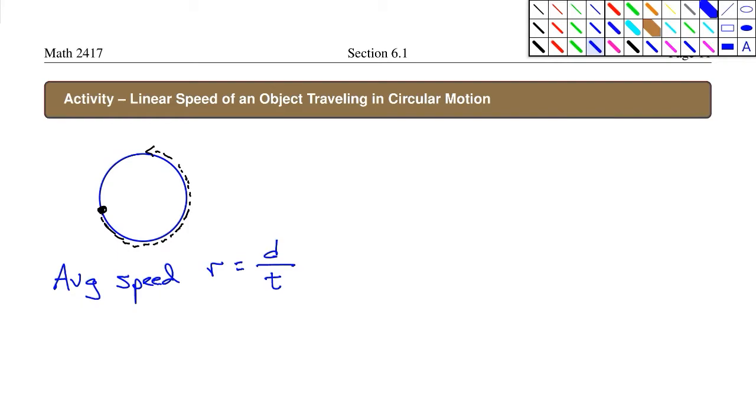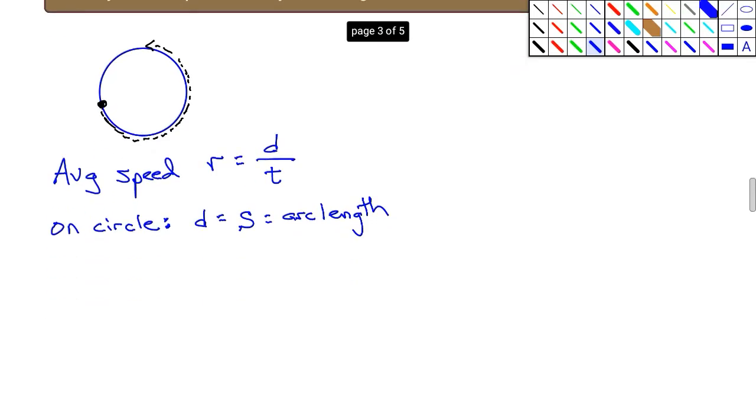Now, if we are on the circle, then the distance that's actually being traveled is an arc length. So I'm going to use S for arc length again. Let's change this now to V for velocity is equal to S for arc length divided by time. So my D has now become an S. No big deal.